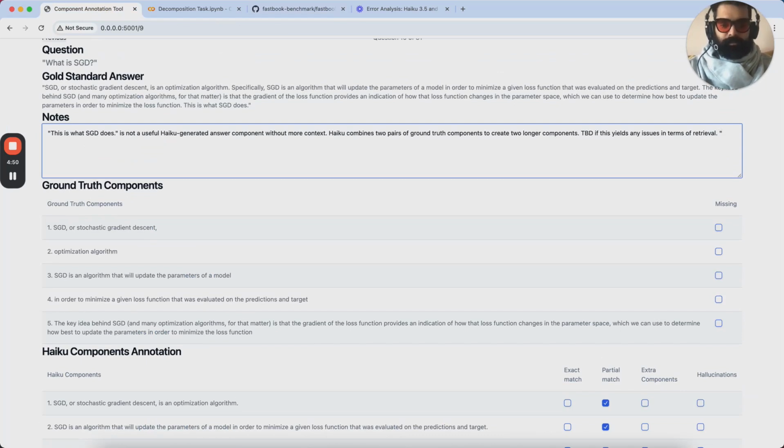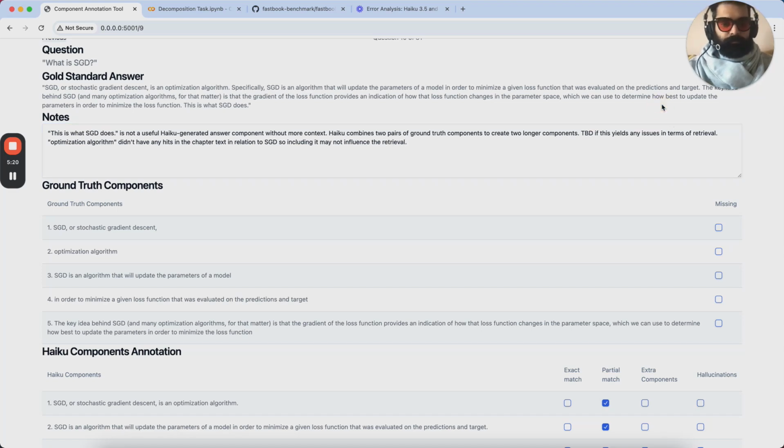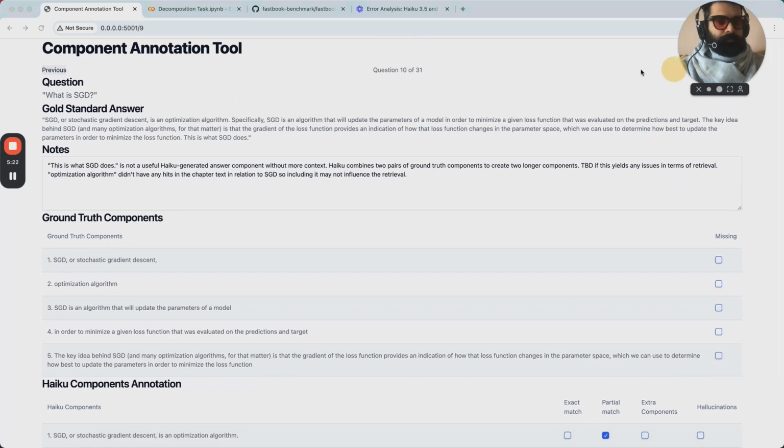I'll say that optimization algorithm didn't have any hits in the chapter text in relation to SGD. So including it may not influence the retrieval. Cool.